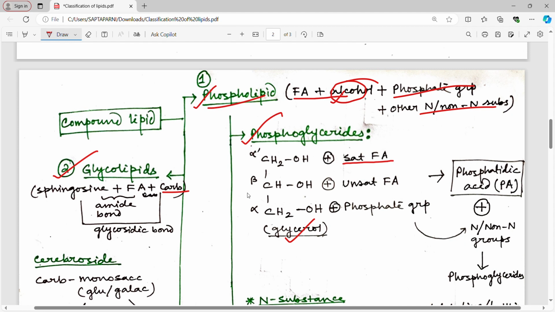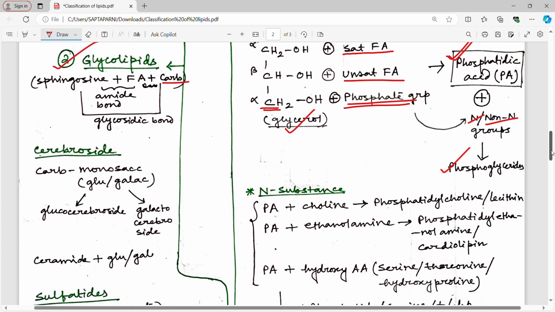Then the beta carbon is esterified with unsaturated fatty acid with one or more double bonds, and the alpha carbon forms a bond with the phosphate group. The glycerol plus all these things at each position forms the phosphatidic acid. When some nitrogenous or non-nitrogenous groups are attached to this phosphatidic acid, we call it a phosphoglyceride. Why is it called phosphoglyceride? Because here the alcohol is glycerol.